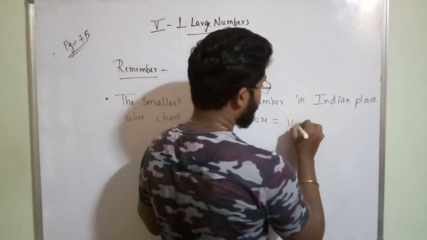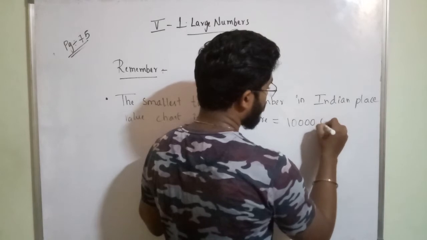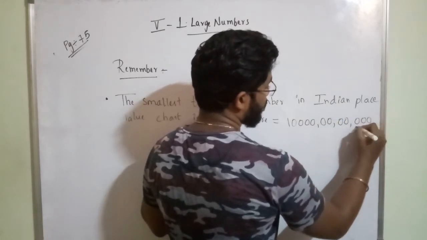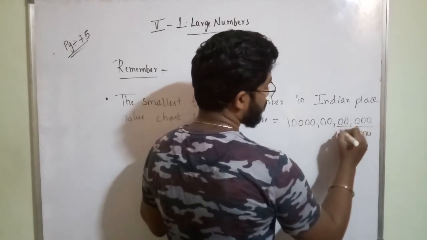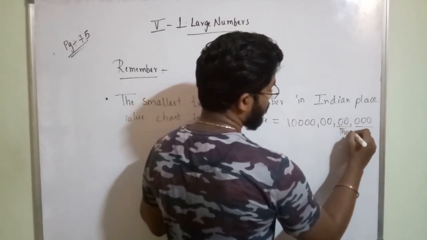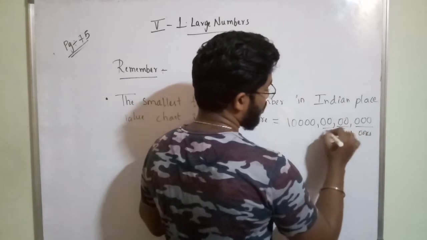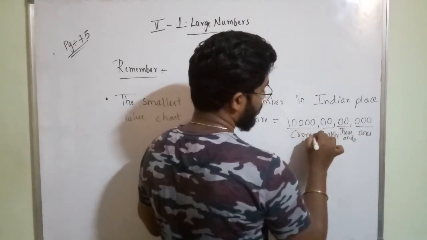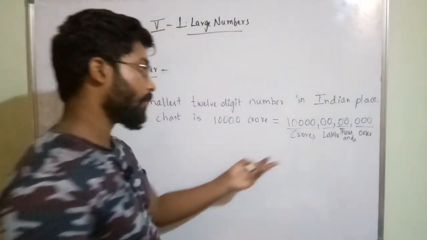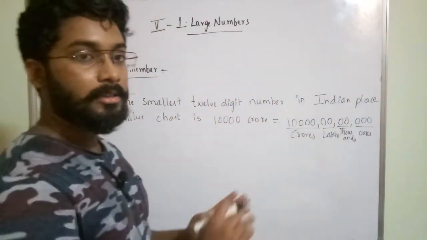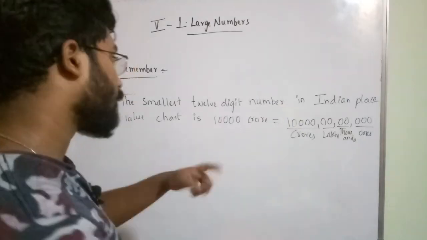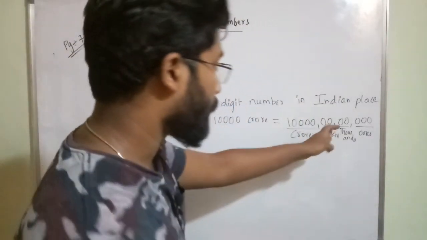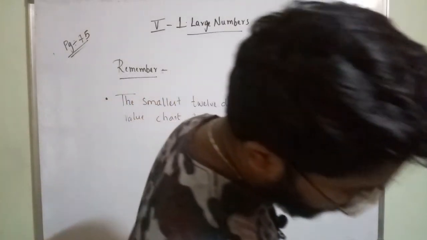The number is 10,000 crores. This is the ones period, this is the thousands period, this is the lakhs period, this is crores. You may have so many digits in crores, because 10,000, 1 lakh crores, 10 lakh crores, like that you can also have. So 10,000 crores. We are separating each period with one comma.